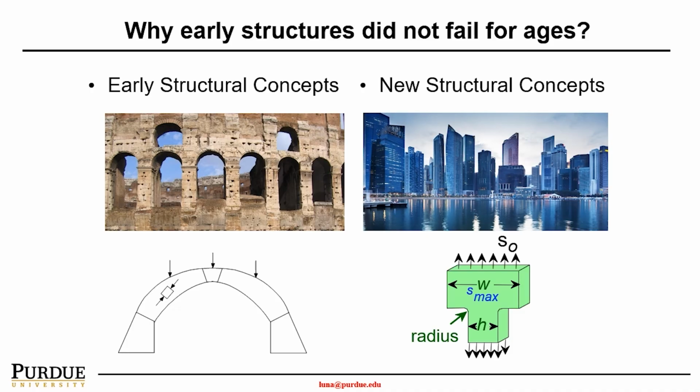If you look at the early structures and new structures, I put them side by side. On the left, as you can see, most of them have an arch shape. In this case, the materials only go through compression.